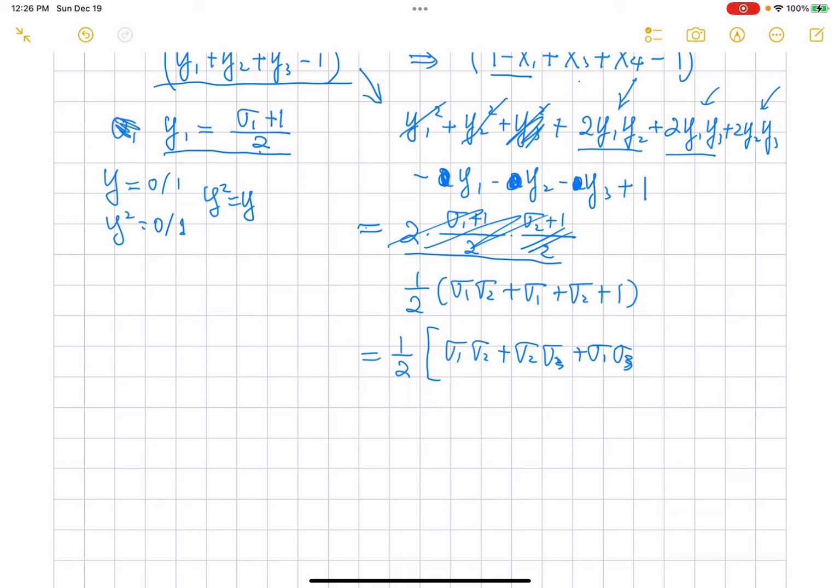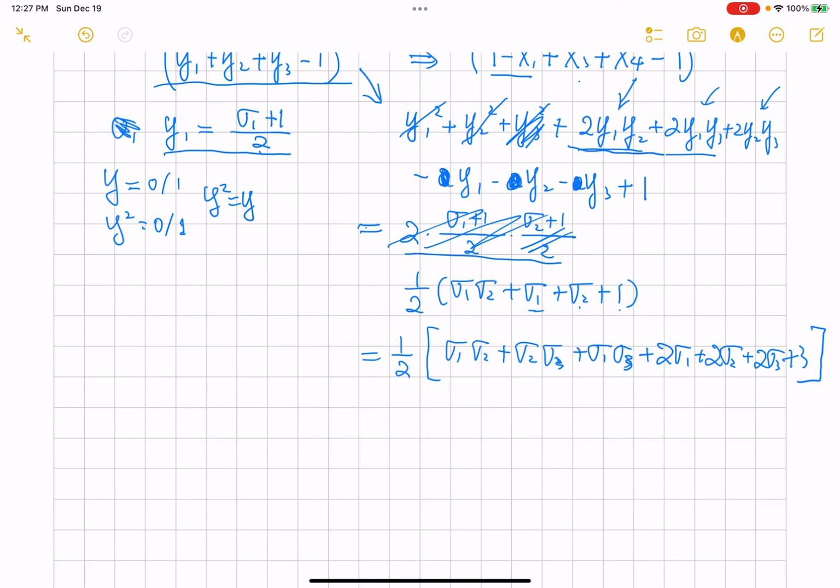And what else? I will have 1 sigma 1, 1 sigma 2 from the first term, a sigma 1 and a sigma 3 from the second term, so I will have 2 of these. So I will have 2 sigma 1s, 2 sigma 2s, and 2 sigma 3s. Finally, I have to add 3, right? The 1 will appear 3 times, plus 3. So this whole thing is inside the 1/2.